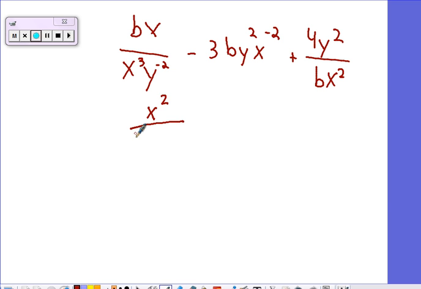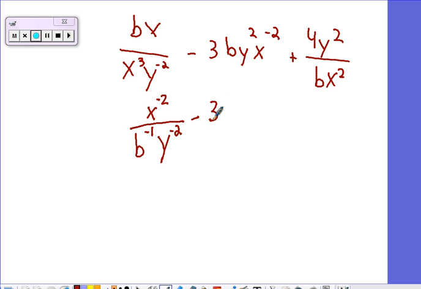So it's b to the negative first power, y to the negative second, x to the negative second. Correct? Yeah, thank you, I didn't write the negative. Good catch. Now, for the top part, the b and y go down, the 3 stays.